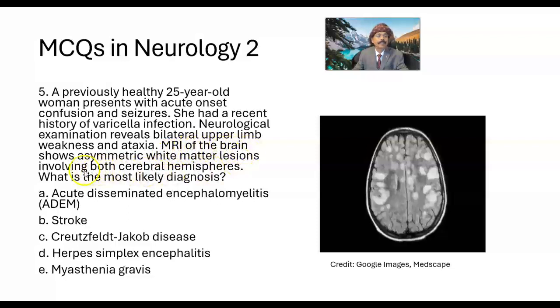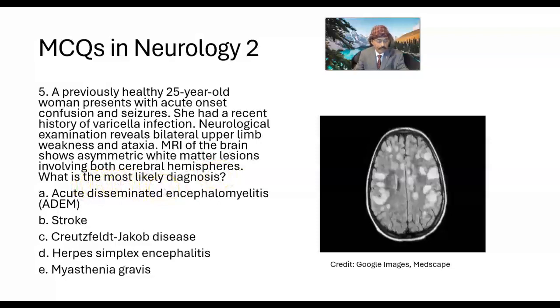MRI of the brain shows an asymmetric white matter lesion like this. This is asymmetric. Both sides have lesions but not similarly, involving both cerebral hemispheres. What is the most likely diagnosis?